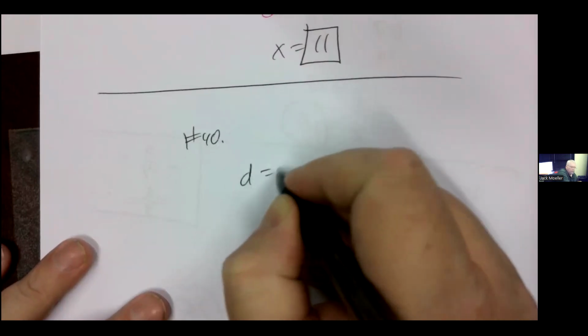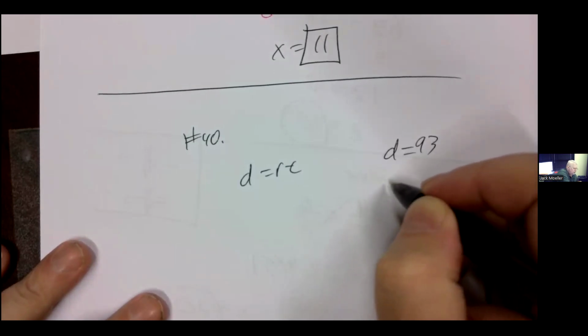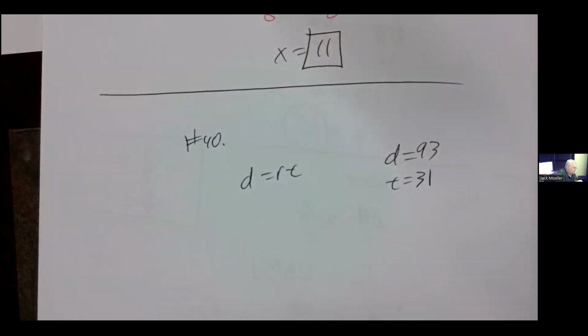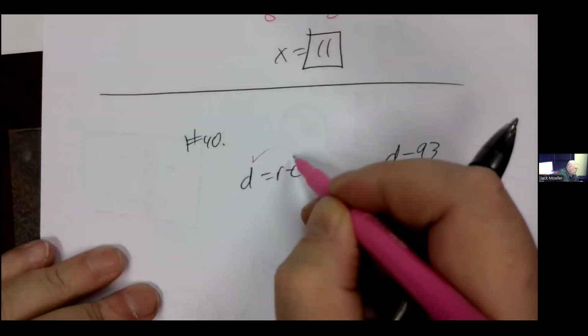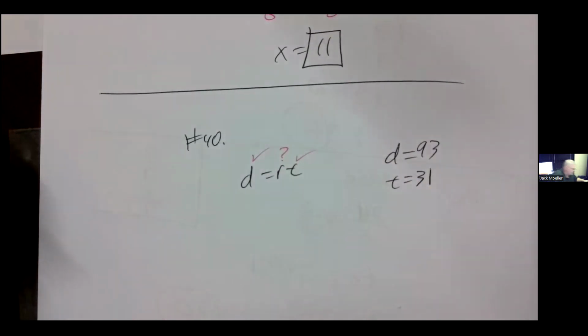So we have D equals RT. We know D is 93, T is 31. So what I'd like to do on this is just check, do a check mark. I know D, I know T, and don't know R.